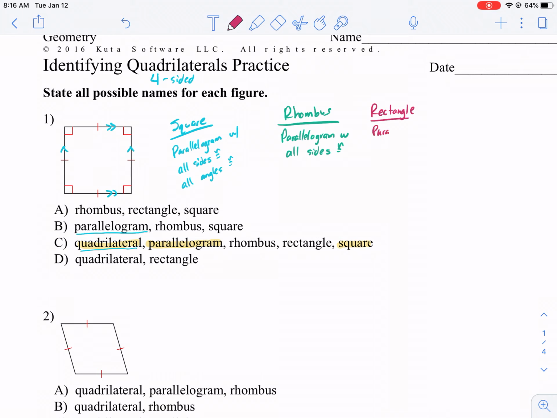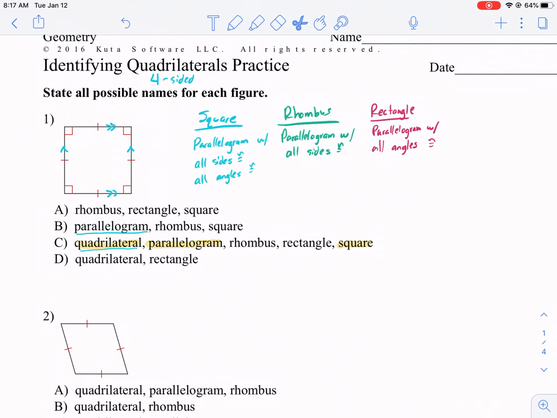It's a parallelogram with all angles congruent, which means they're going to be all 90 degrees. So these are the three amigos, the three special parallelograms. And they're all types of quadrilaterals, clearly.